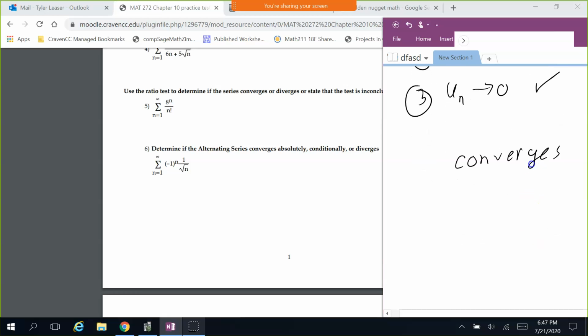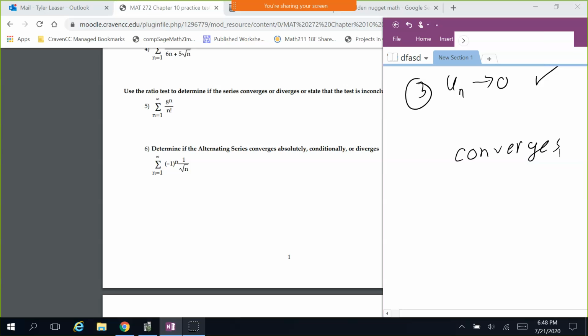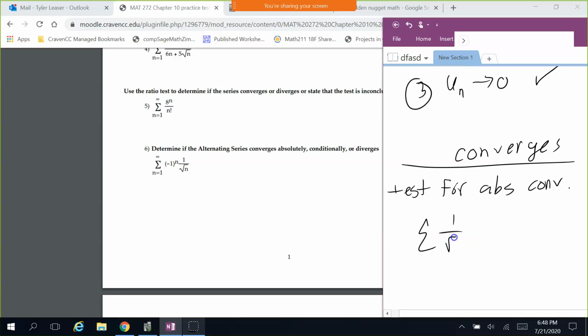Remember that for something to converge absolutely, not only does the series itself have to converge, but the absolute value of that series has to converge as well. So we're going to test for absolute convergence by looking at the series of just 1 over square root n, without the alternating part because the absolute value would make that part go away.